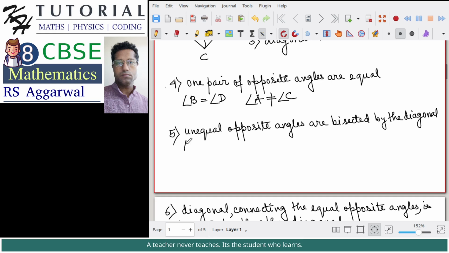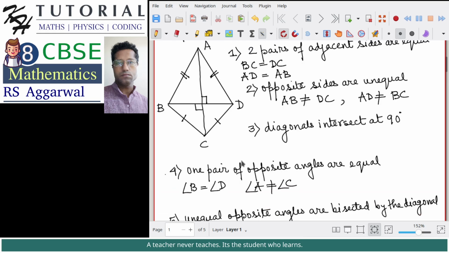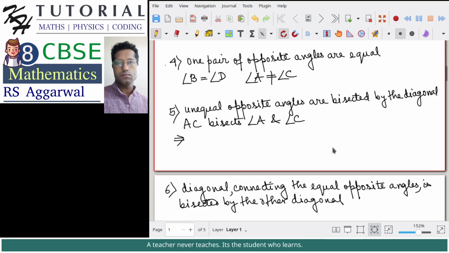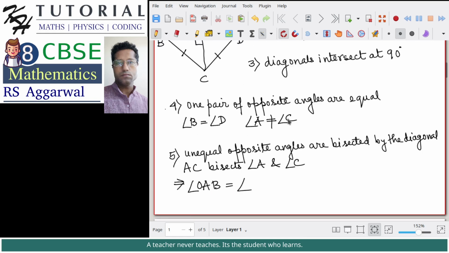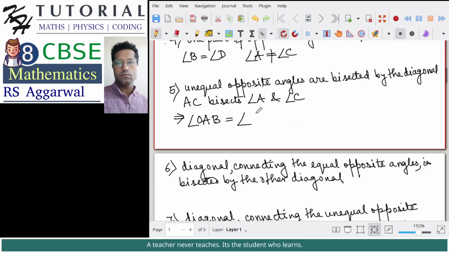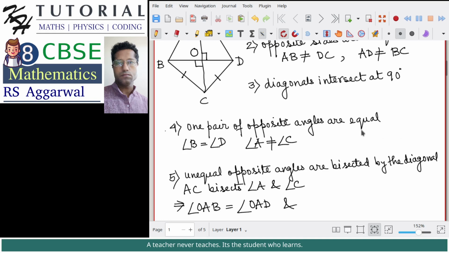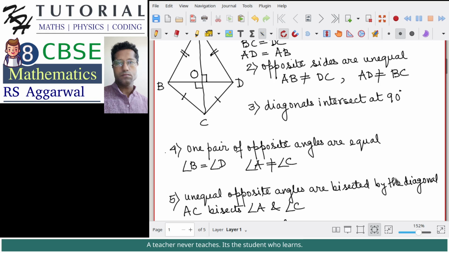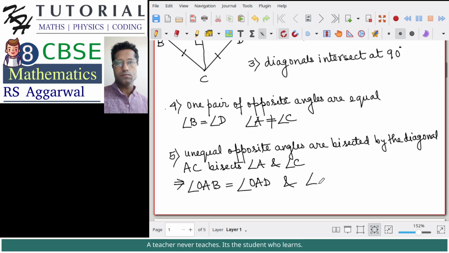So we have AC bisects angle A and angle C. This will imply that if the diagonals intersect at O, angle OAB must be equal to angle OAD, and since AC is also bisecting angle C, angle OCD should be equal to angle OCB.